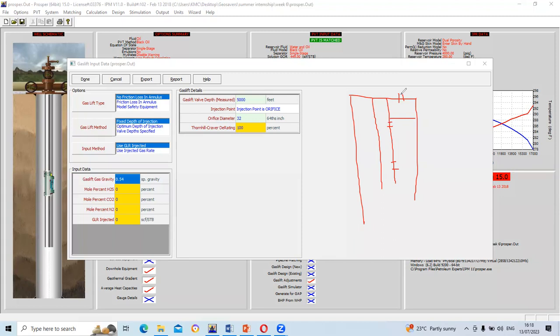So this unloading valve has a particular pressure at which it is operating. That means we have a pressure inside this tubing, and then we have the pressure at this outside part. If the pressure inside this tubing is higher than the pressure at the outside part, the valve is not going to open, it's going to close.